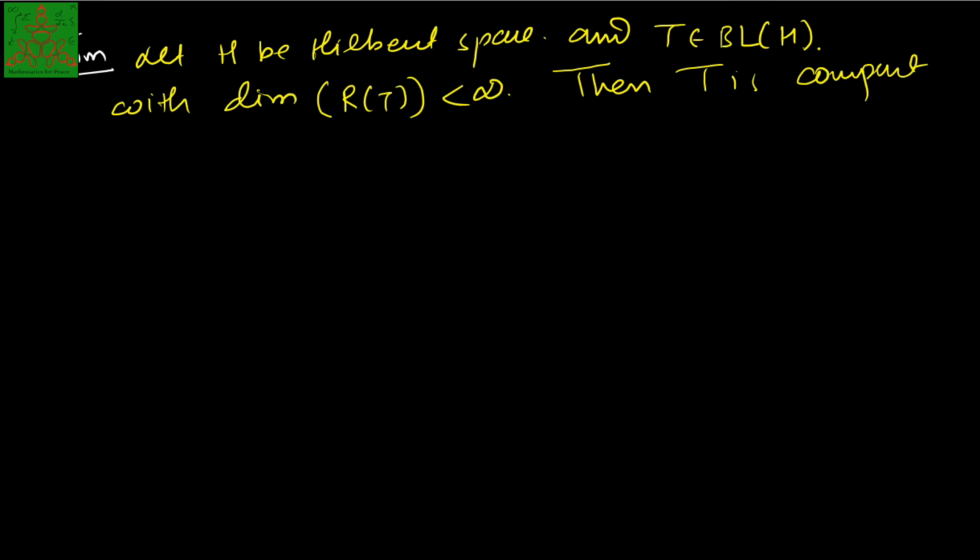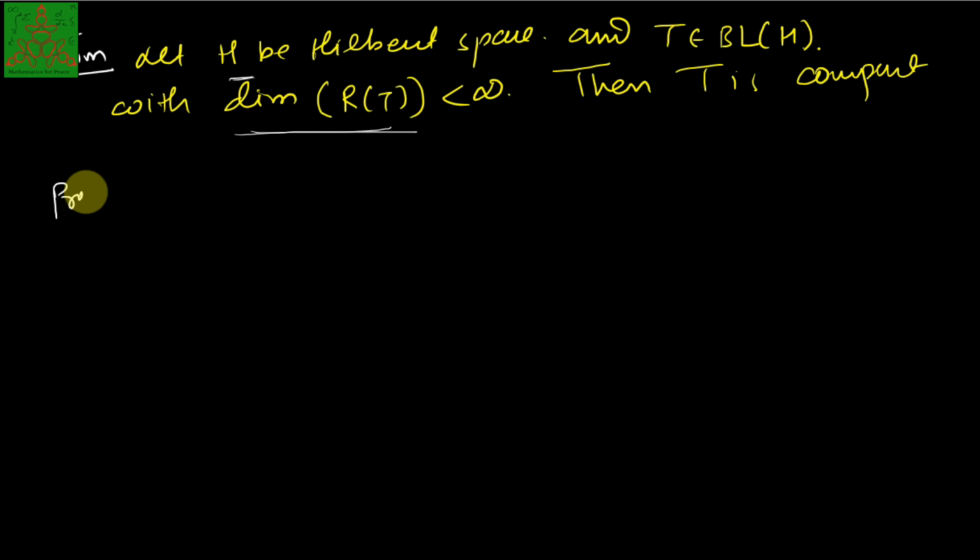So this result also tells you in which situation a bounded linear operator will become a compact operator. We already have seen that if T is defined on a finite dimensional space, then it is compact. But this is one more result. If H is an infinite dimensional space, but the range space of T is finite dimensional, then also we can say that T is compact.